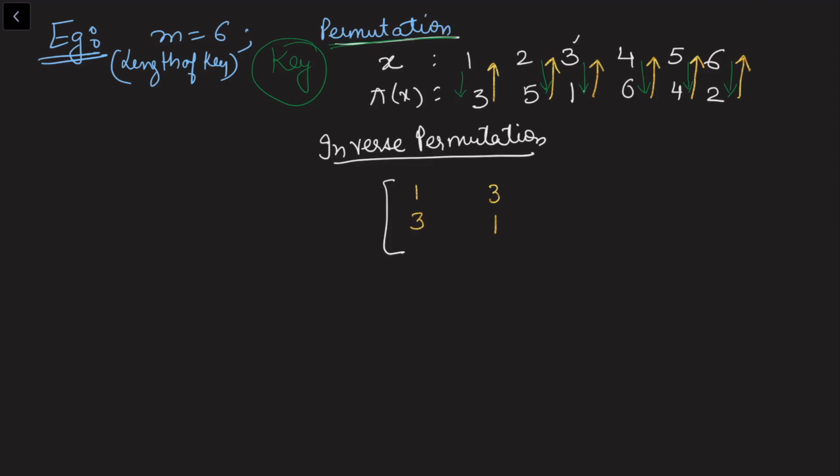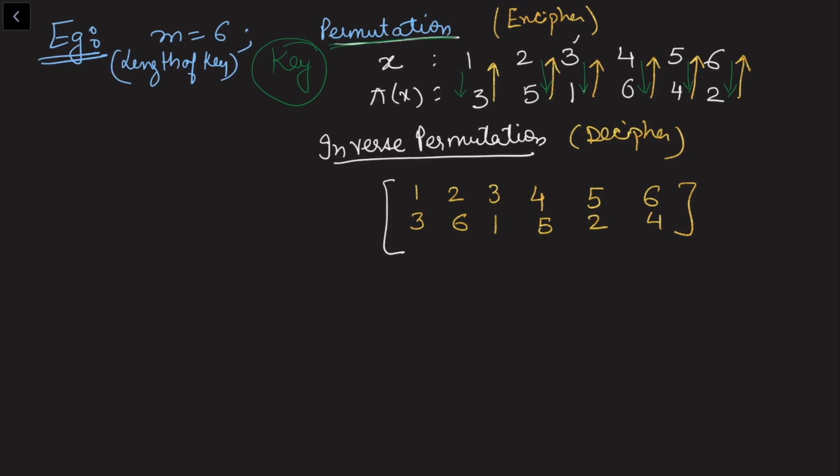When we want to encipher, we will use this permutation, and when we want to decipher, we will use the inverse permutation. Let's consider this as the key.